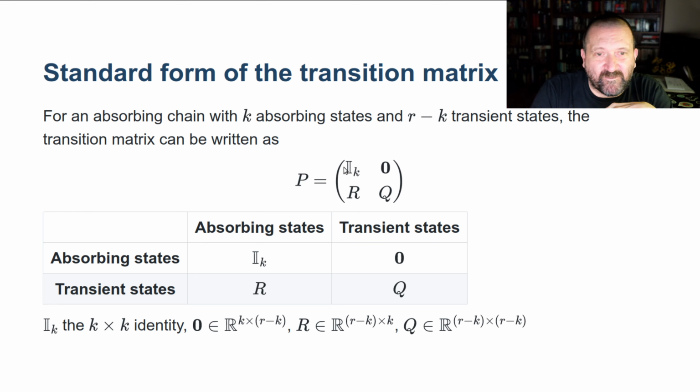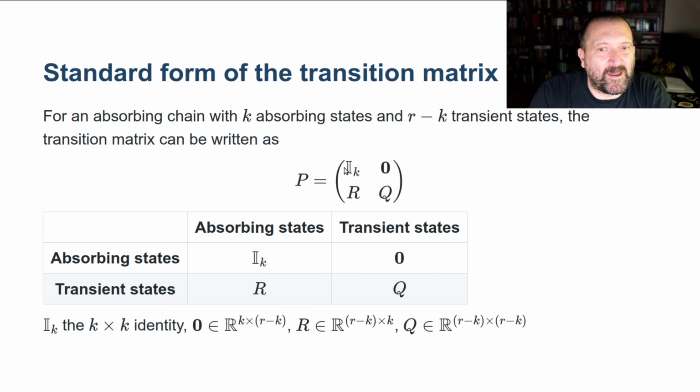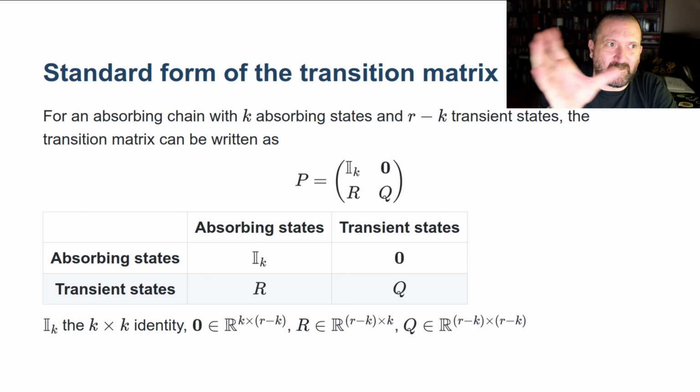If there are 2 absorbing states, I'll have the 2 by 2 identity matrix, and so on. Then I'll have a matrix R that describes movement from transient states into absorbing states, and a matrix Q that describes transitions within the transient states.